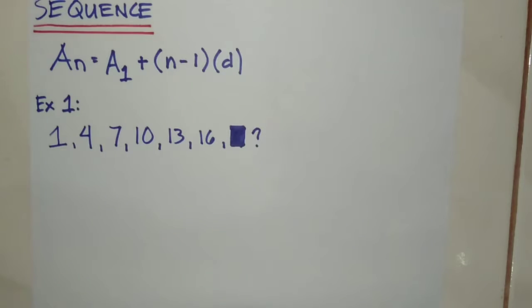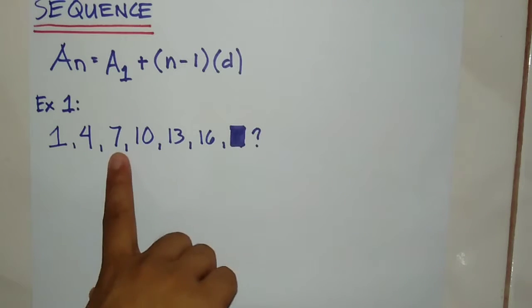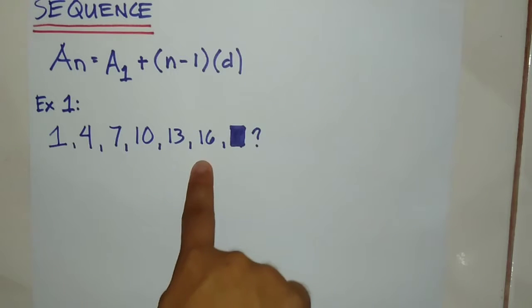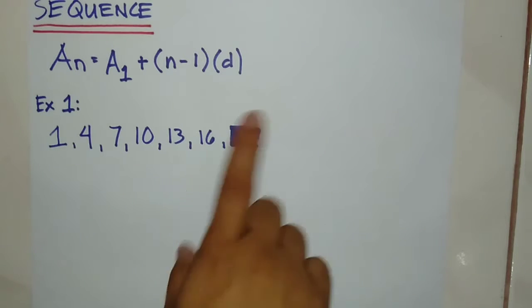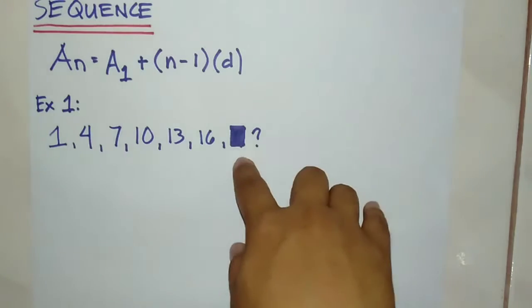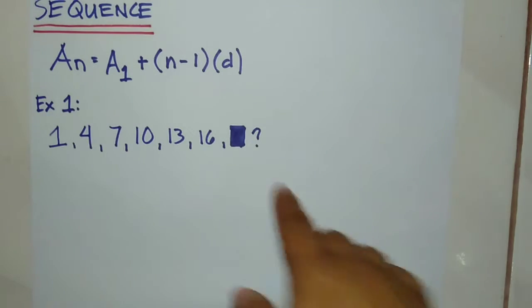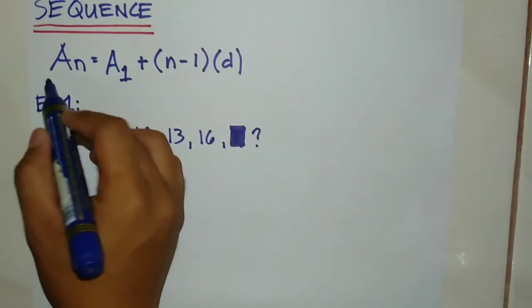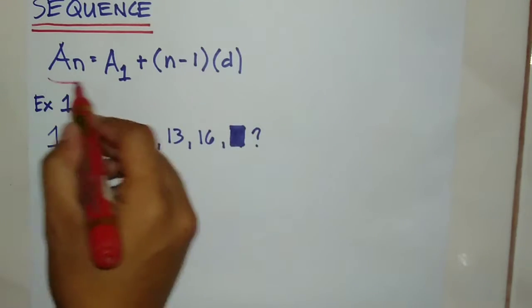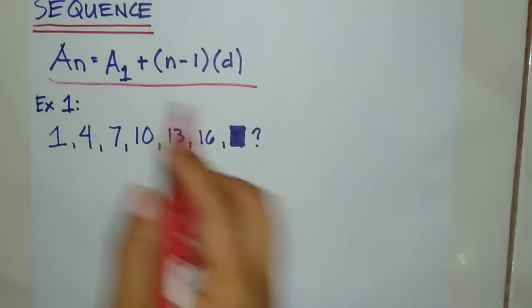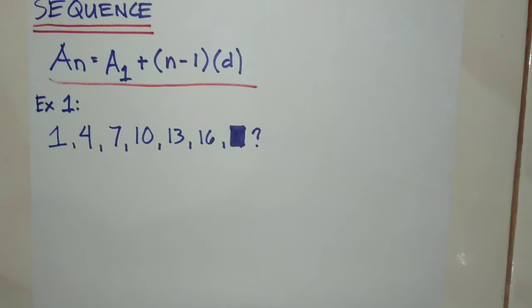So we have some examples here. For example number 1, we have a sequence of 1, 4, 7, 10, 13, and 16. So we are going to find the next number for this sequence. Using this formula, we are going to substitute the values.